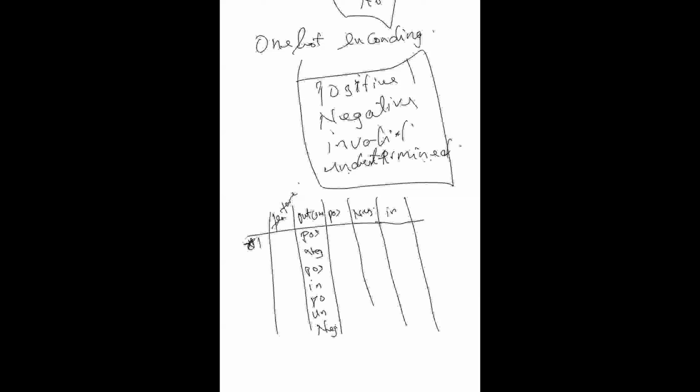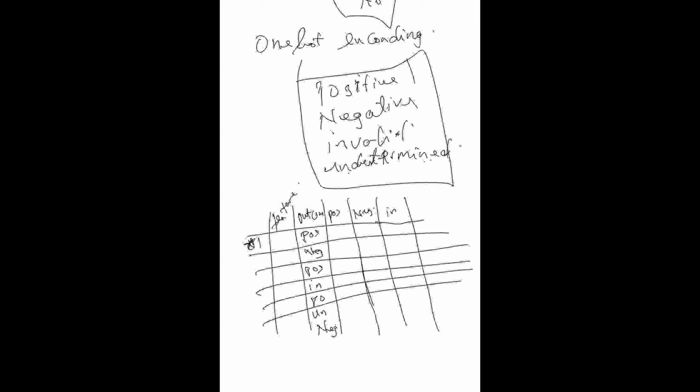So now it's going to create multiple columns. When it comes to positive, it's going to put a value here for this record. Let me show you: record number 2, record number 3, record number 4, record number 5, record number 6.